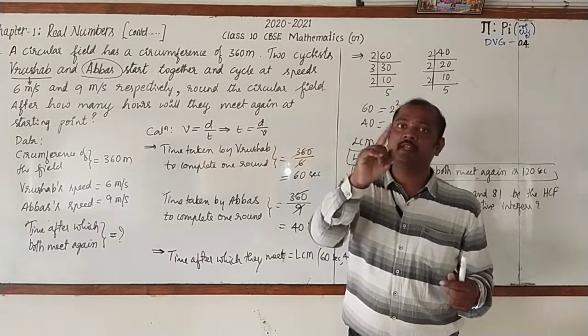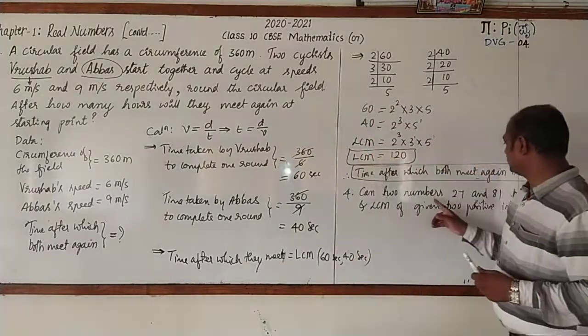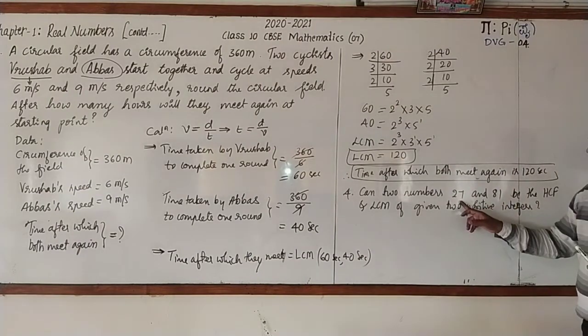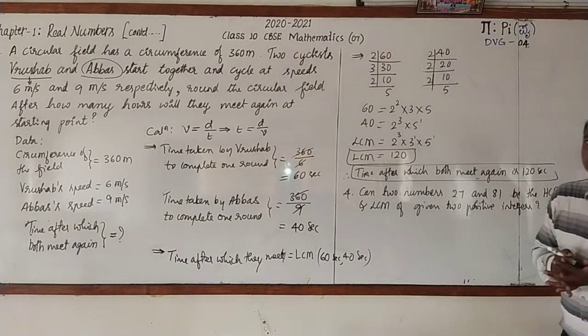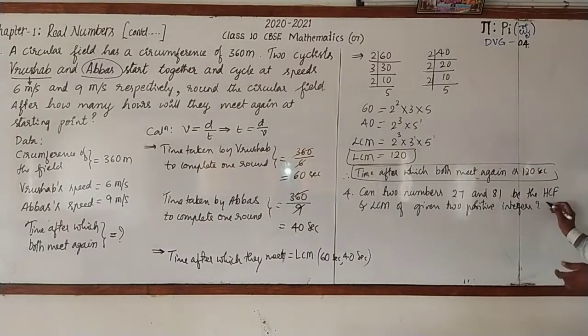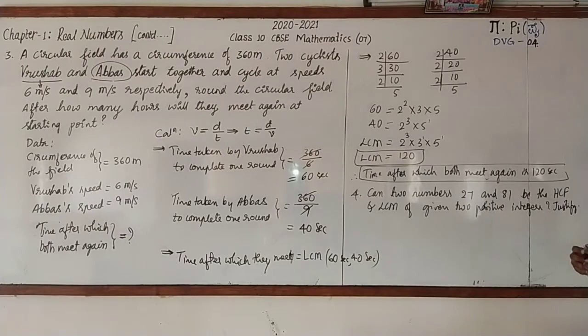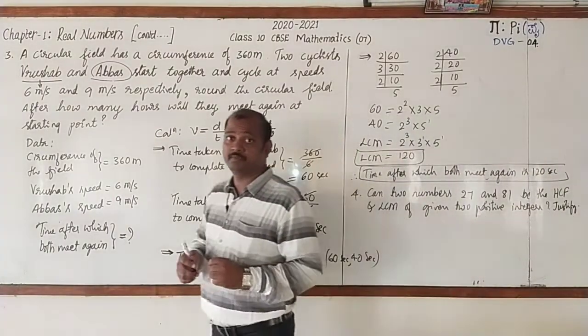Their HCF and LCM are known. They are given: HCF is 27 and LCM is 81. Is it possible to take these 2? Yes or no? If you want to say yes, you have to give justification. The question will be given like this: Justify.